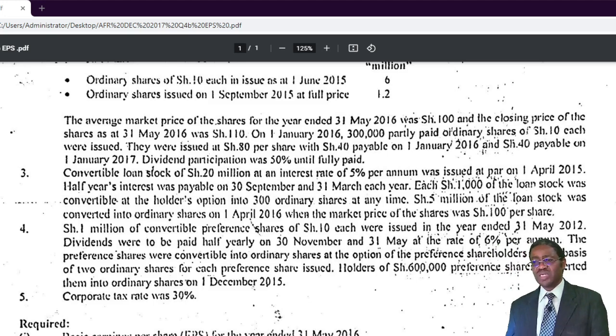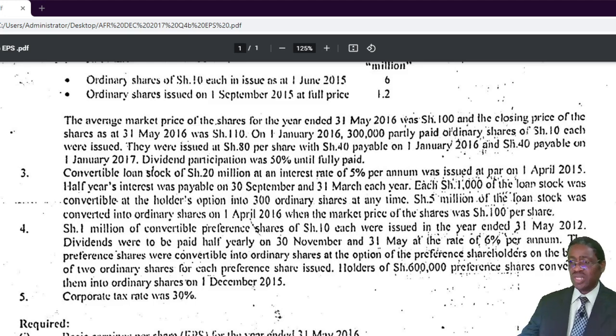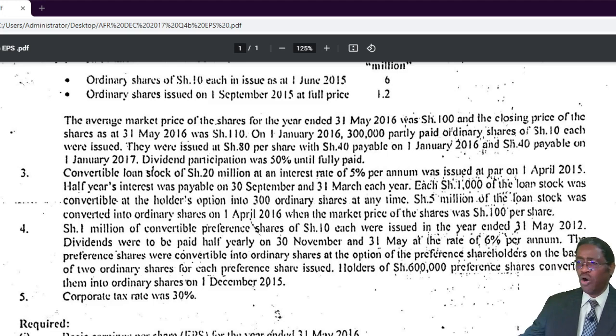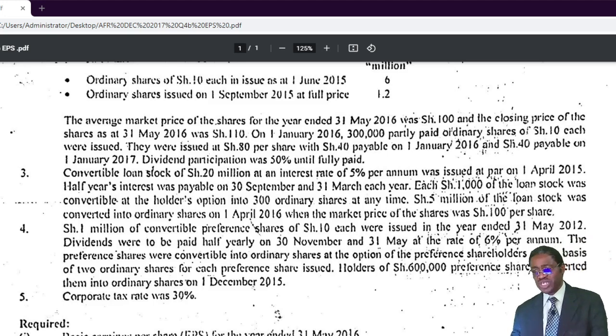Then they say dividends were to be paid half yearly on 30th of November and 31st of May at the rate of 6% per annum. The preference shares were convertible into ordinary shares at the holder's option, on the basis of 2 ordinary shares for each preference share.